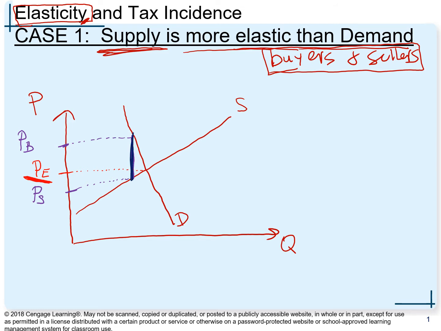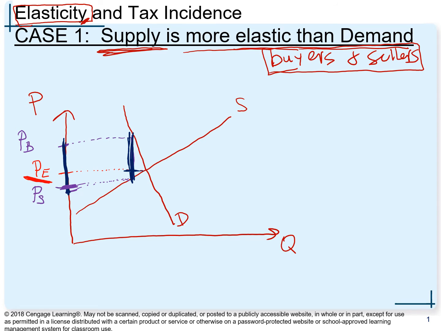Do you see this is the amount of the tax? Do you see how this amount of the tax is shared between buyers and sellers? So how is it shared? Well, I should have been more precise, that's probably over here. That's the price that sellers are receiving.